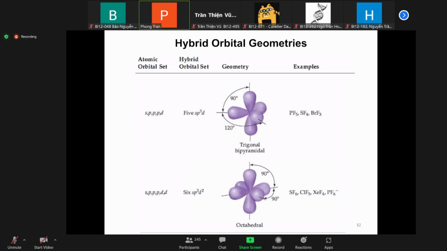You can make also six hybrid orbitals, sp3d2. You see, very linear combination. It's addition. So you have octahedral geometry. The famous one is SF6, right? The sulfur is in the third row of elements, so it has d orbitals. It's not possible for oxygen because oxygen is in the second row.